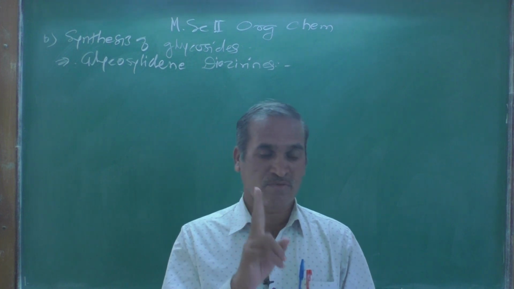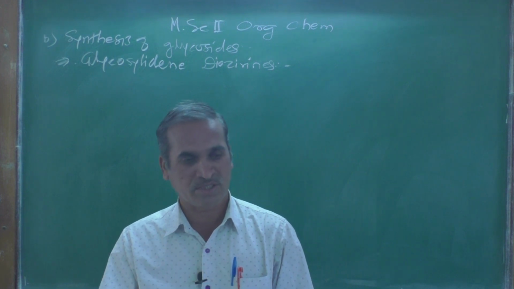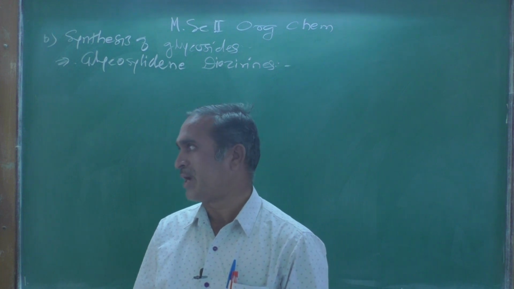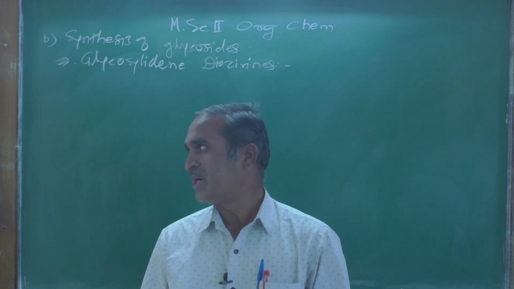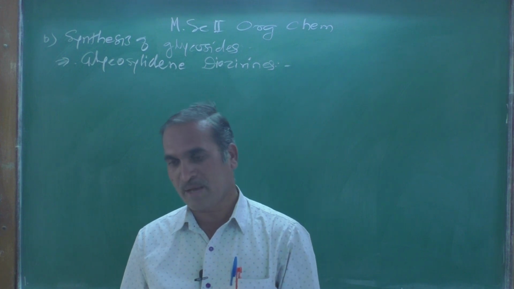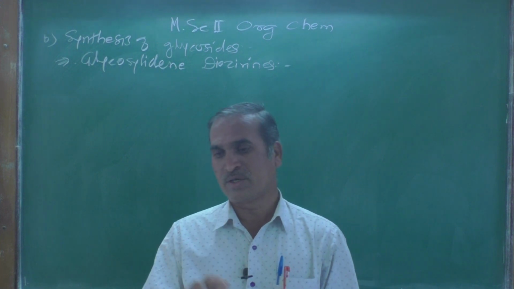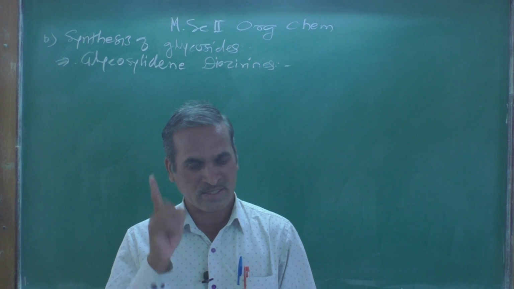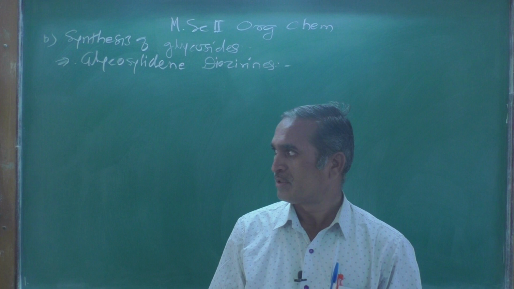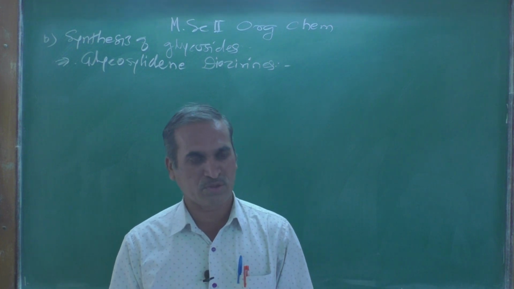Remember, this is one of the very good reagents to distinguish between aromatic primary amines and aliphatic primary amines. So a primary aliphatic amine gives the alcohol, whereas the same reagent with primary aromatic amines gives a diazonium salt.